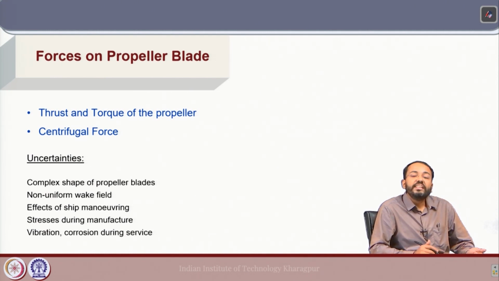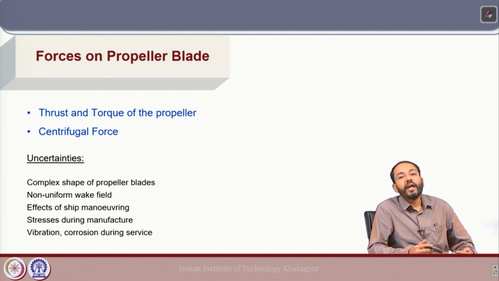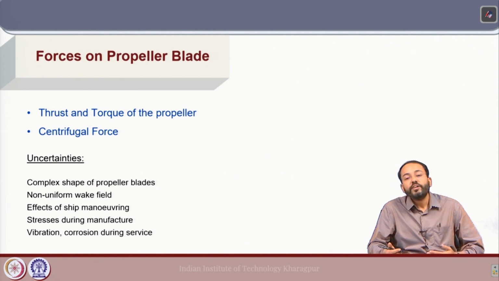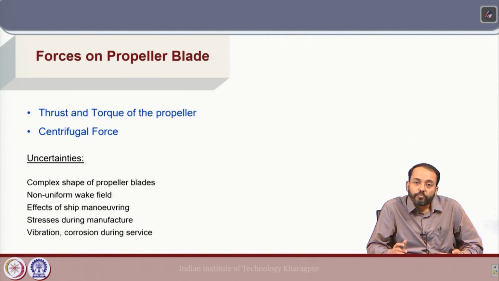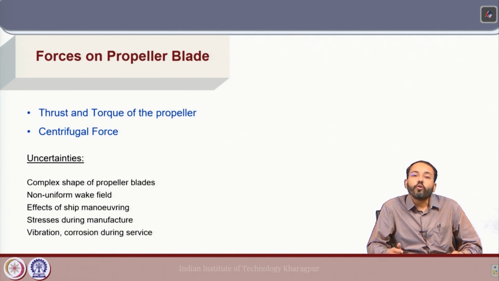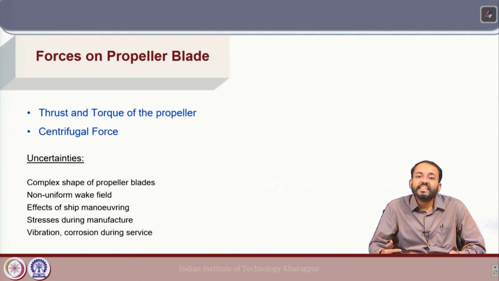Further, there are stresses during manufacture of a propeller blade which may be locked in the blades, and that may lead to additional forces on the propeller blades. And finally, there are vibration issues and corrosion during the service of a propeller during its lifetime, and these change over time.